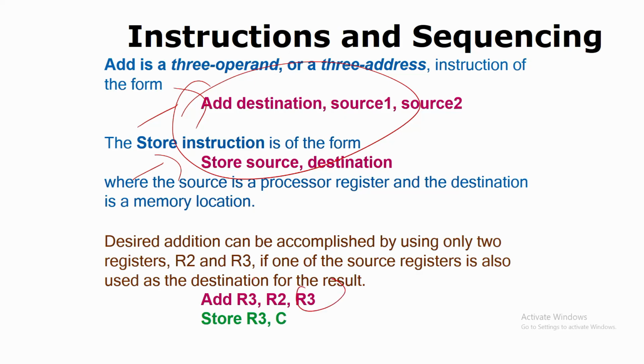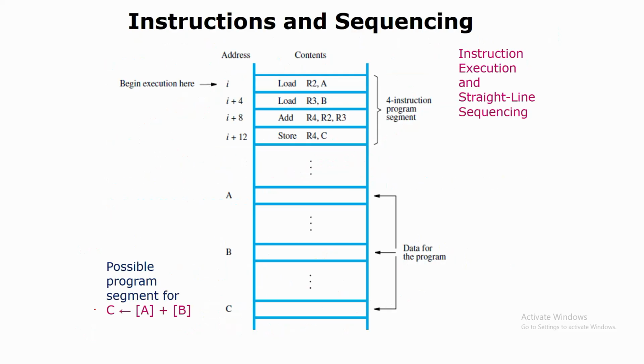Then store R3, C transfers the result to memory. This approach optimizes general-purpose register utilization while preserving computational correctness and improving register allocation efficiency.